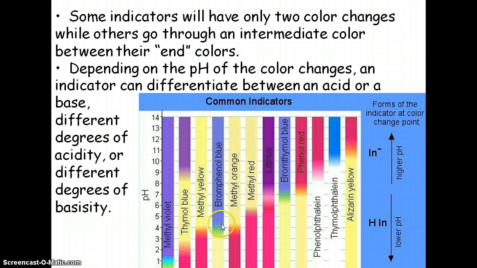Bromophenol blue is pretty much the exact opposite and has a color change around the same pH, but it's a different color. The bromophenol blue is going to be blue in more basic solutions, and the methyl yellow is going to be in more acidic conditions. All right, so you see, and then over here you have some that have the intermediate colors that they go through. Okay.